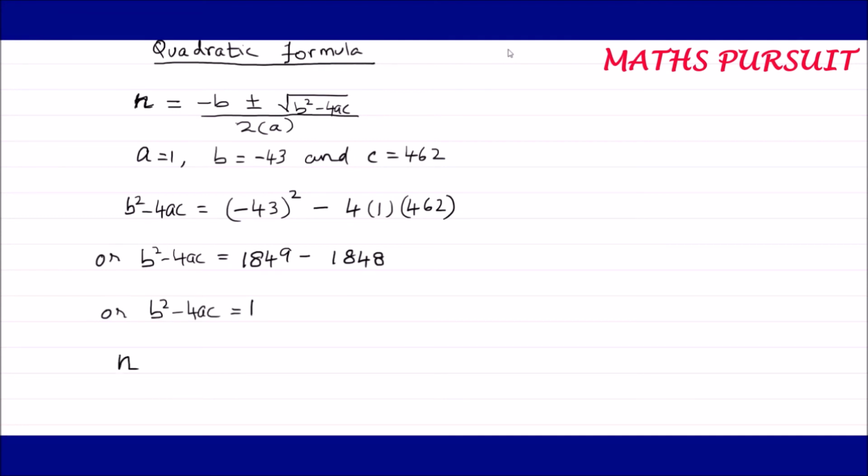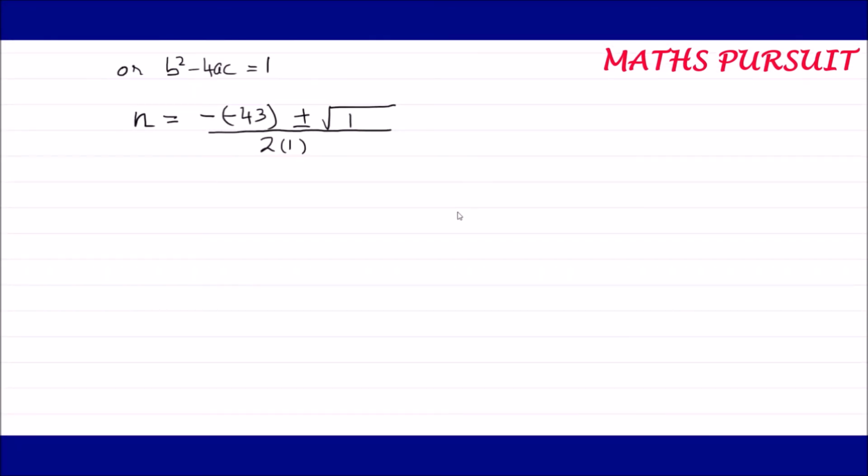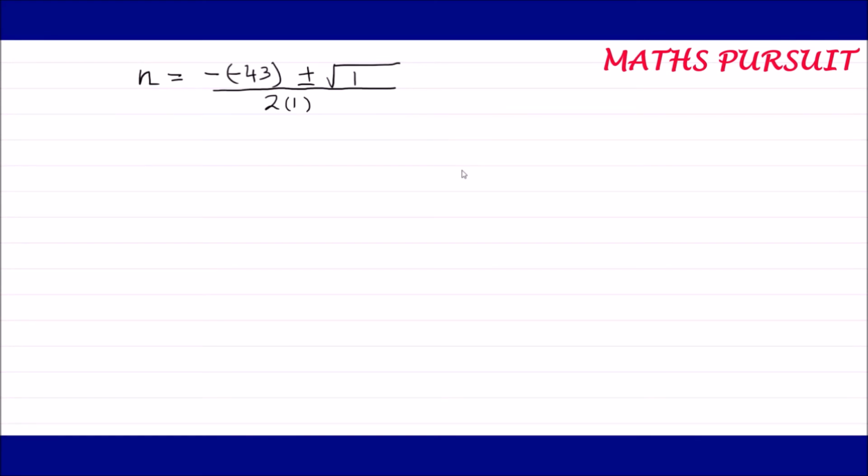Now let us put these values in the quadratic formula that we got. n is equal to minus b, minus minus 43, so minus b plus or minus root over of 1 upon 2 into 1, 2a. So 2a is nothing but 2 into 1, and we got the value of b square minus 4ac as 1. For that reason I took root over of 1. Or I can write n is equal to minus into minus 43, it became plus 43 plus or minus 1 by 2.